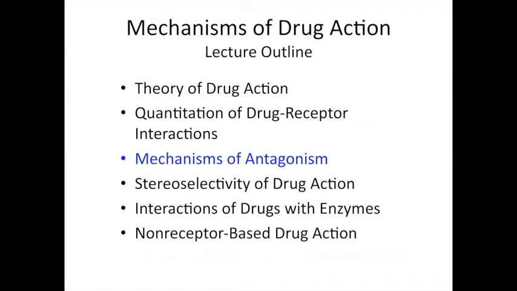So this is essentially the left half. I've already shown you this. This is the effect that you can get with a drug with a full agonist, the blue line, intrinsic activity of 1, partial agonist, intrinsic activity of 0.5, weak partial agonist, intrinsic activity of 0.1. If there are no spare receptors, obviously you get a bigger effect with the blue line than with the red or the green.